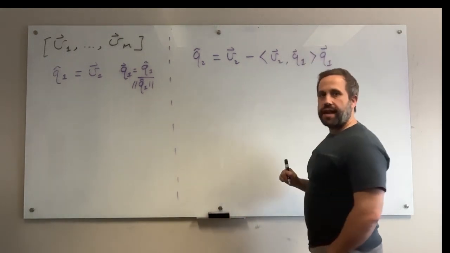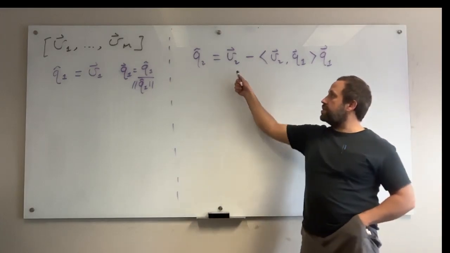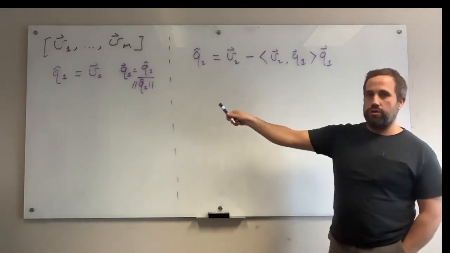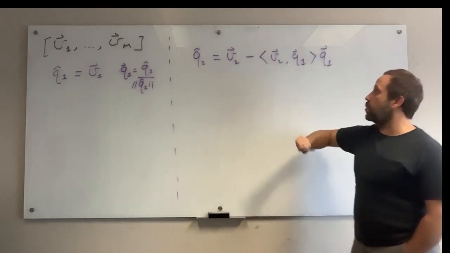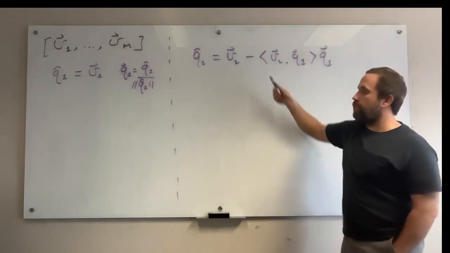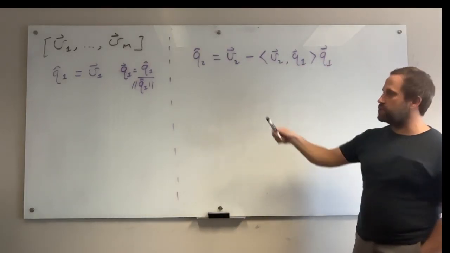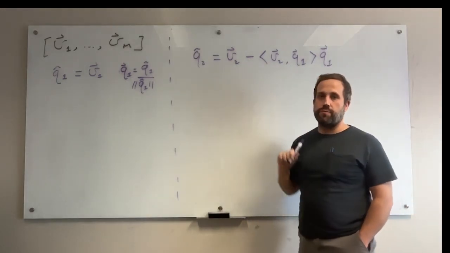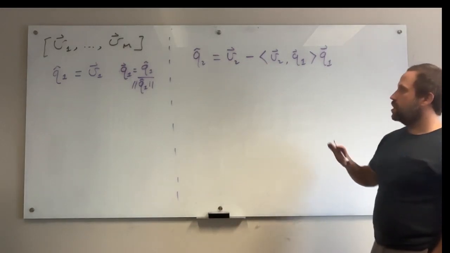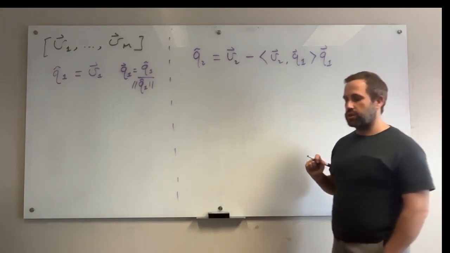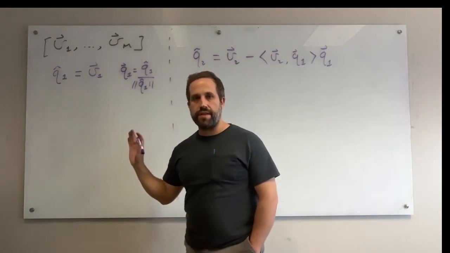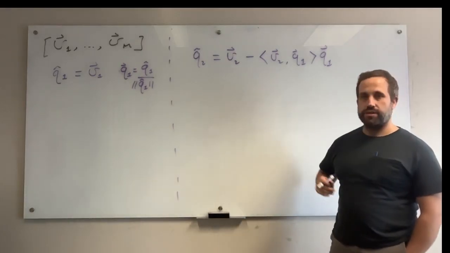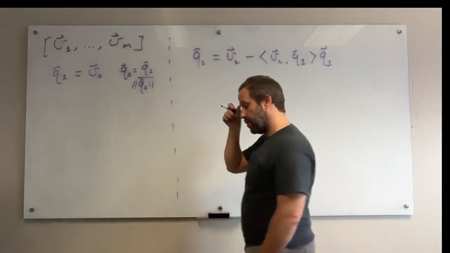And for reasons that I said in the previous video, q2 hat is going to be orthogonal to q1, because we're taking v2 and removing from v2 the part that is parallel to q1, so all that we're left with is the part of v2 that is perpendicular to q1. So q2 hat is going to be orthogonal to q1. The same argument that I gave in the video before shows that this is true. Something that you should verify for yourself.